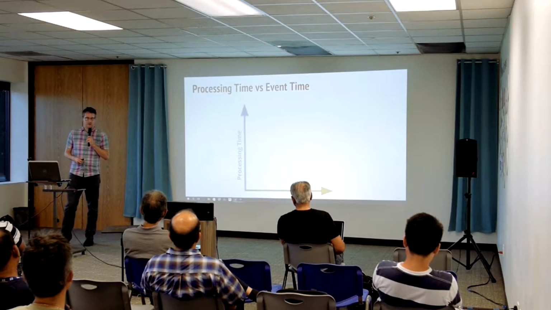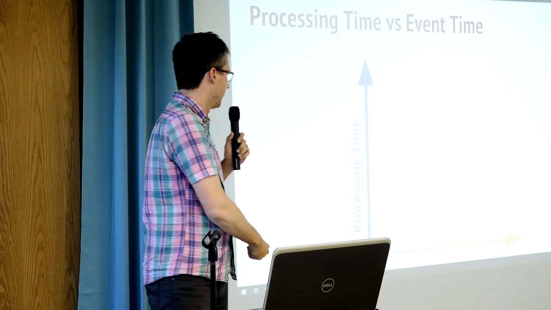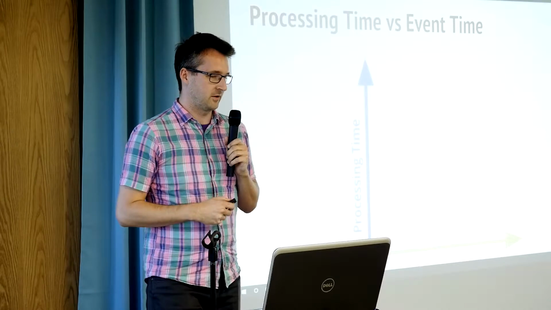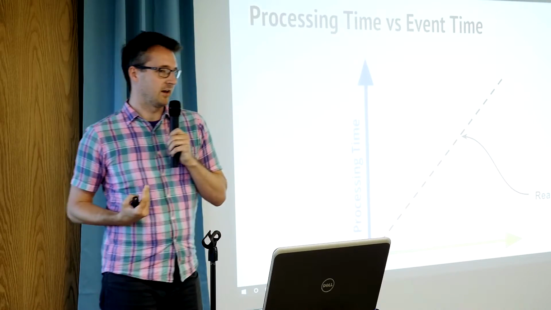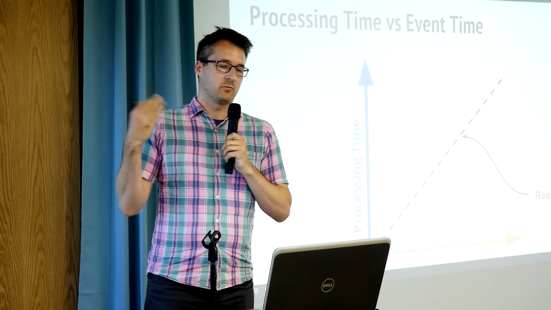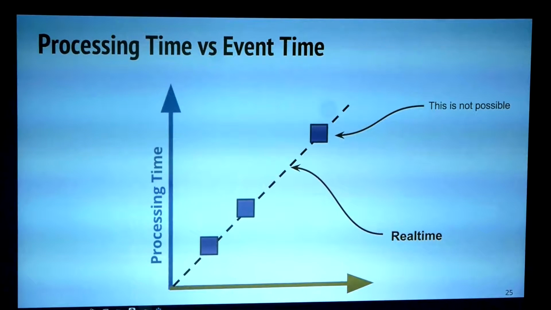So here, I've separated those two lines. On the bottom, I have this yellow line for event time, and then vertically, I have a line for processing time. This dashed black line is the line we might call real time, where processing time and event time are exactly the same. This is the line along which our beautiful world of perfect networks and instant computation lives. I'm drawing some data on it just to emphasize this can't really happen.